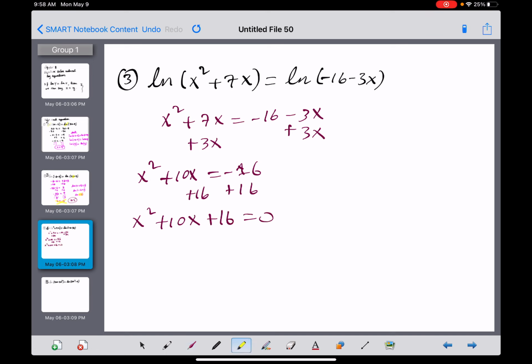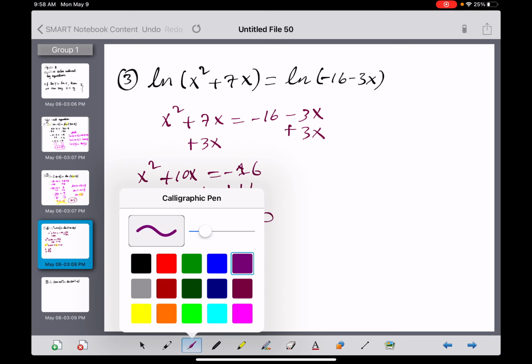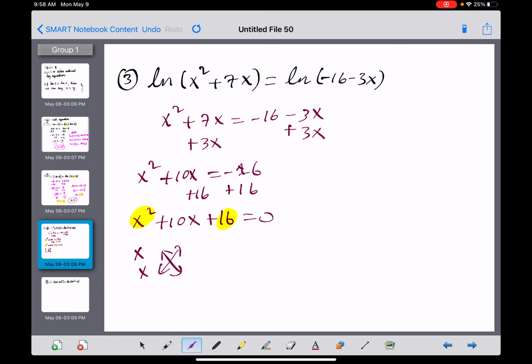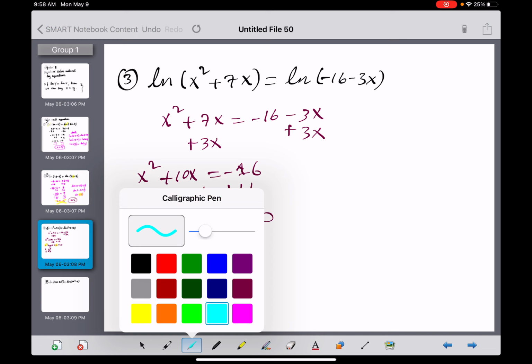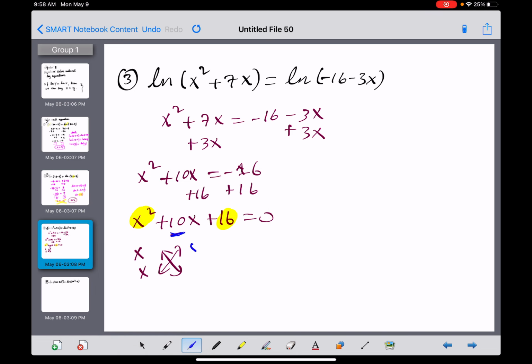So when we factor, we always look at the first term and the last term, right? So x squared is x and x. Think of two numbers that multiply to give us positive 16, but add up to give us 10. So that has to be 8 and 2, right? So that's the correct factors. So we have x plus 8, x plus 2 equal to 0. So x equal to negative 8 and x equal to negative 2.